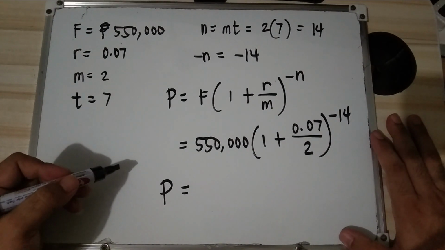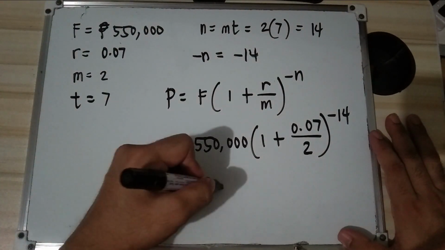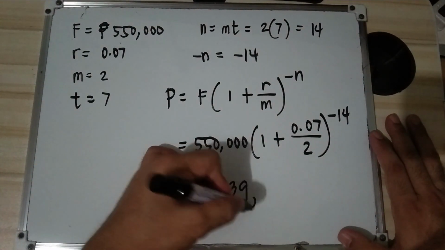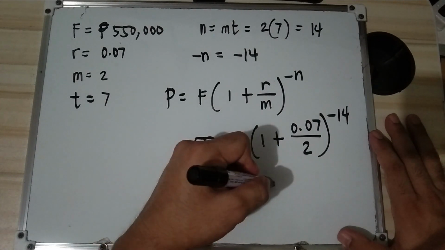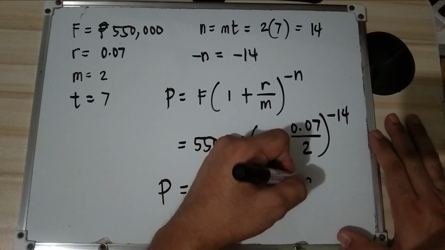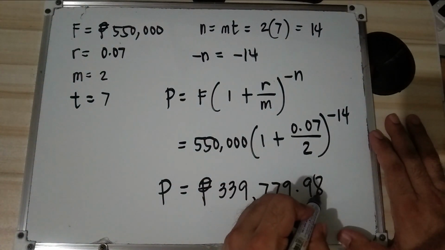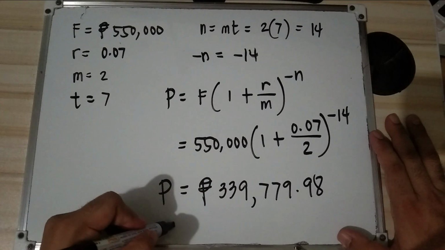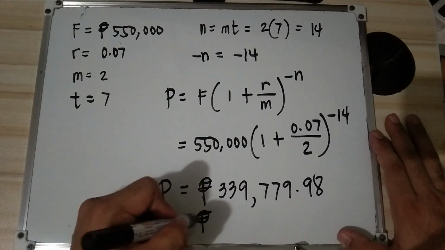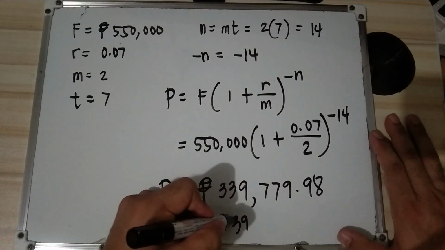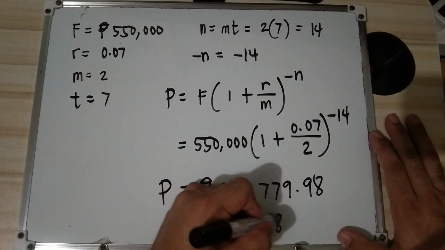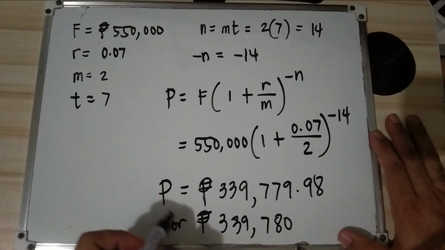So yung present value natin is 339,779.98 or almost 1 na siya, no? So or 339,780 pesos. Okay?